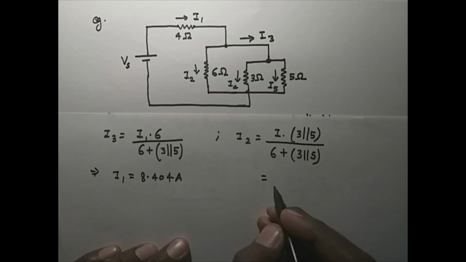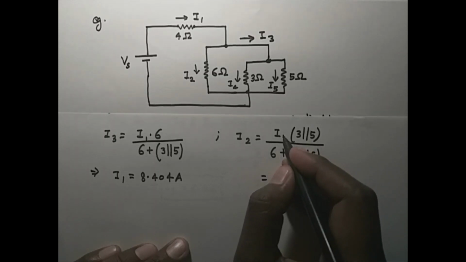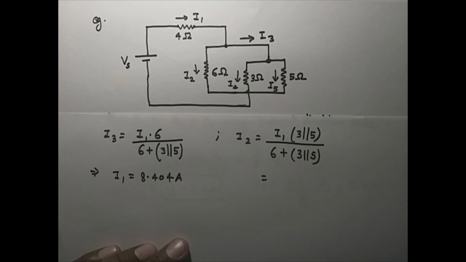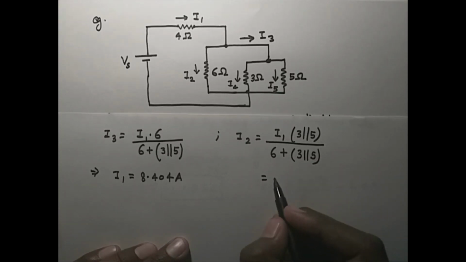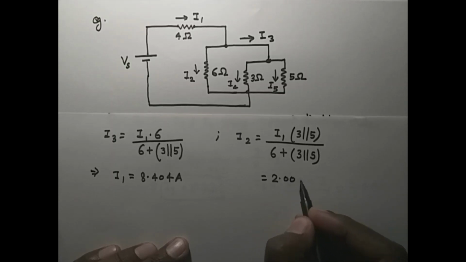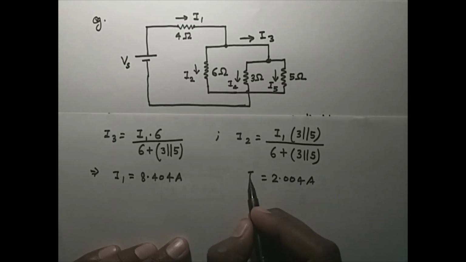So after calculation, we will get I2 as 2.004 amperes.